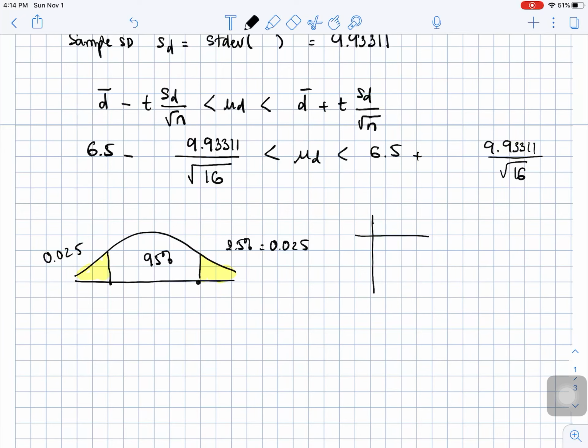The problem gives us a 95% confidence interval. The right tail and the left tail are each 2.5%, which is 0.025.